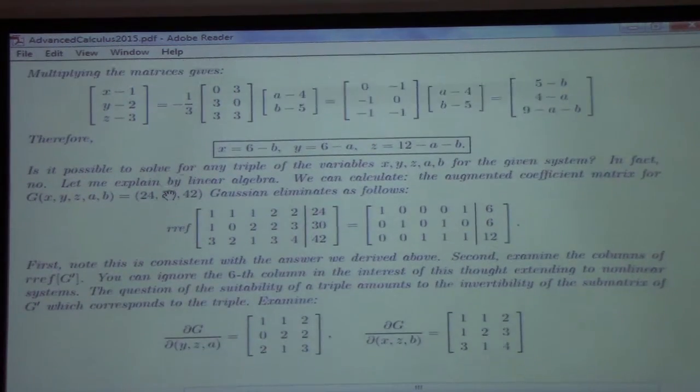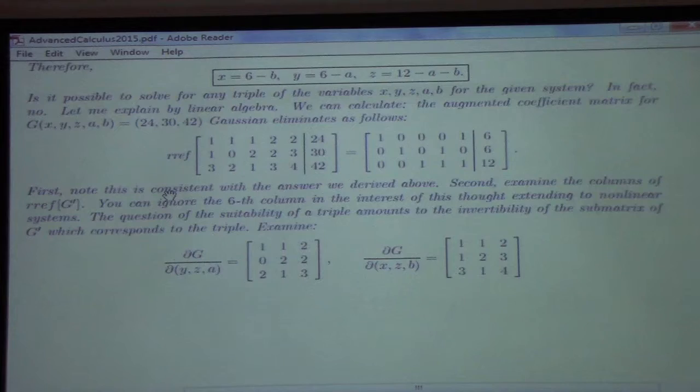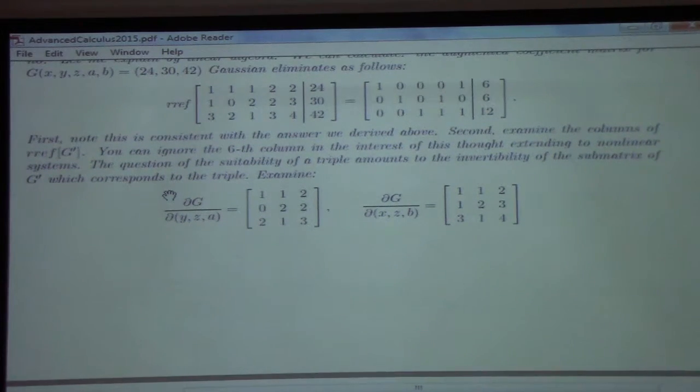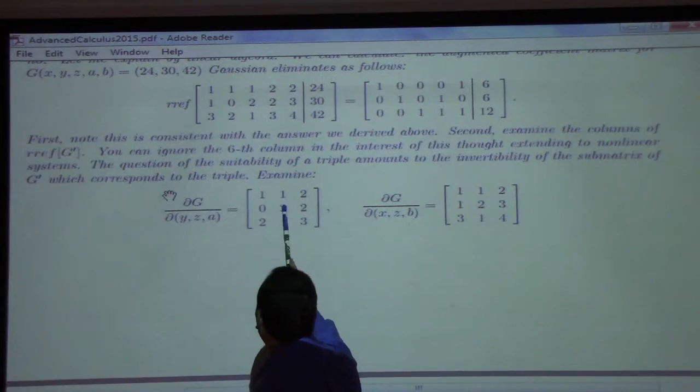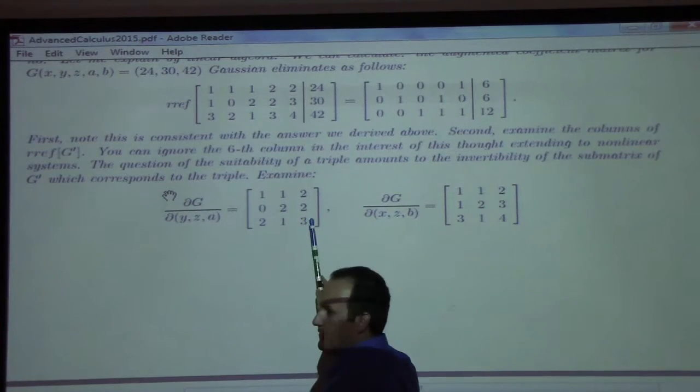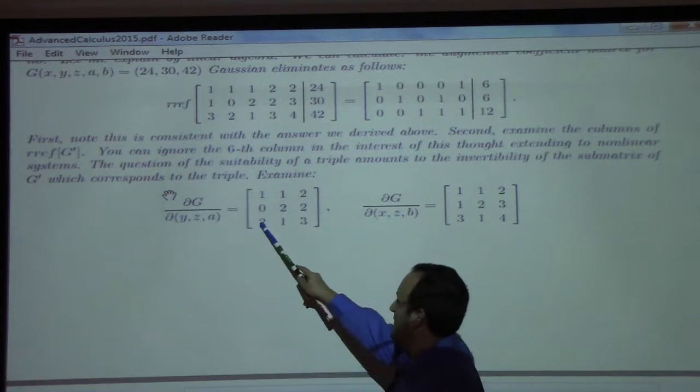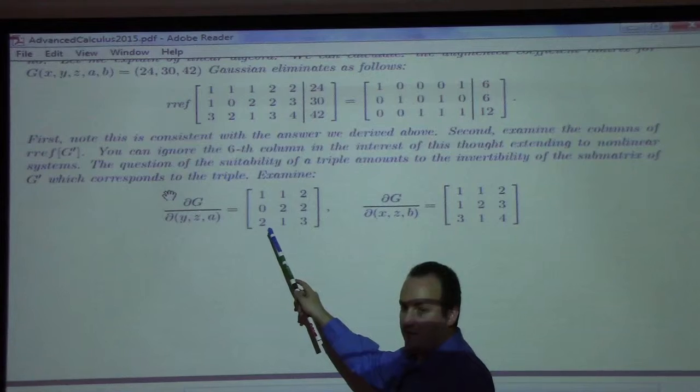All right. As Joe was saying, let's see, if I add this plus this gives me 2, 0 plus 2 is 2, 2 plus 1 is 3. So the third column here is the sum of the first 2, which means that this is not invertible.